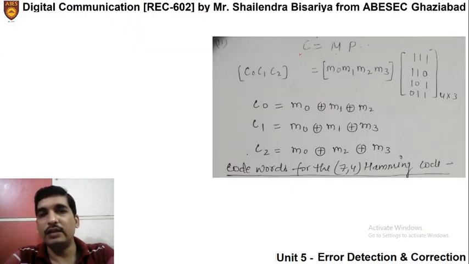So we know that C is equal to M into P, as we have discussed in the last class also. So C0, C1, C2 is equal to the message matrix M0, M1, M2, M3 multiplied with this parity matrix 111, 110, 101 and 011.